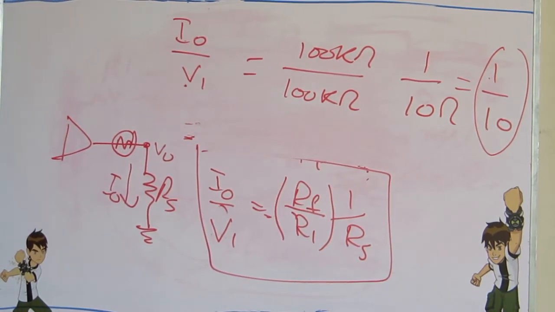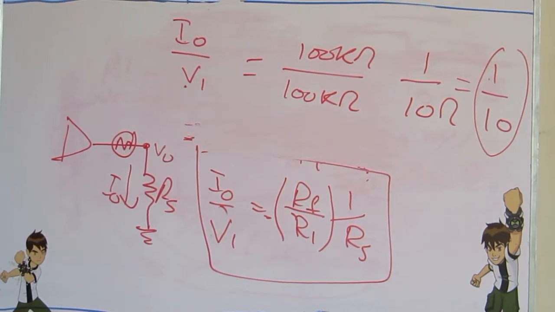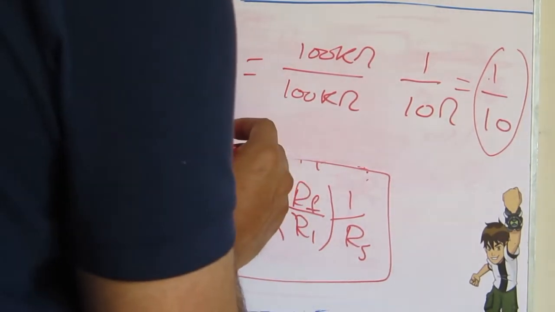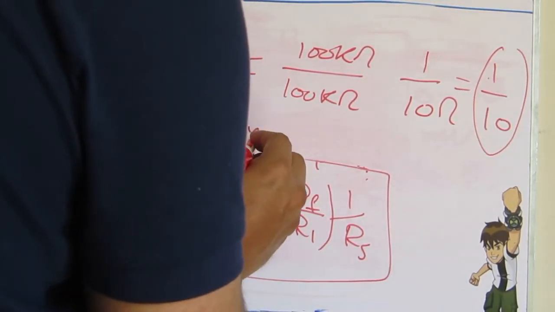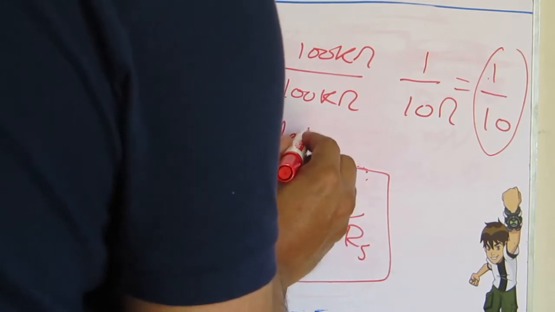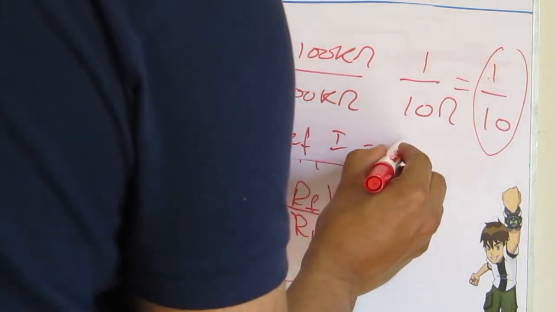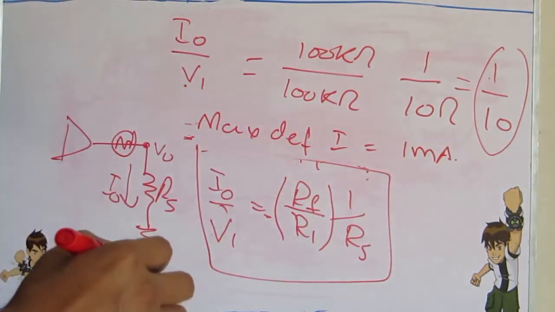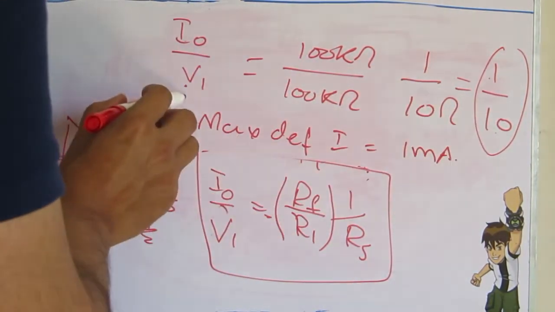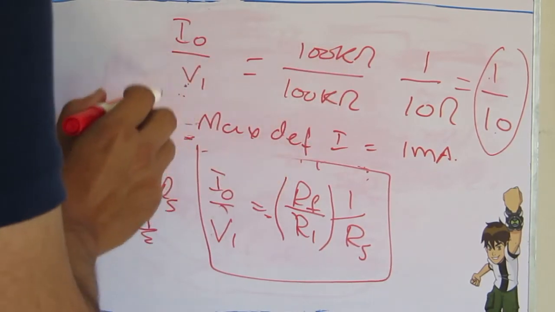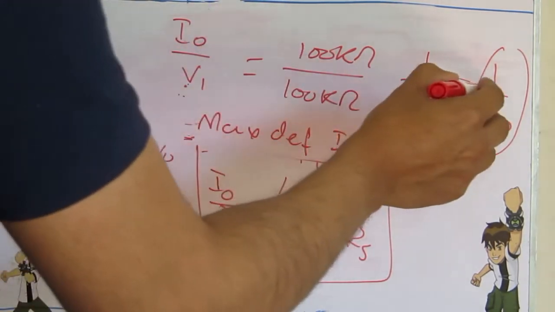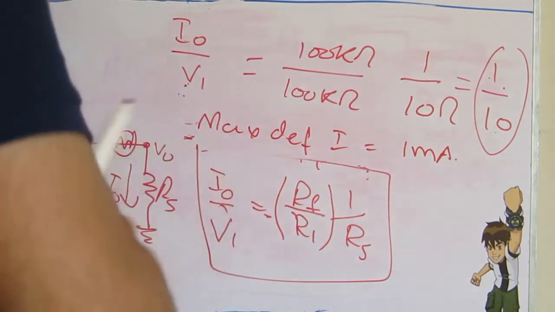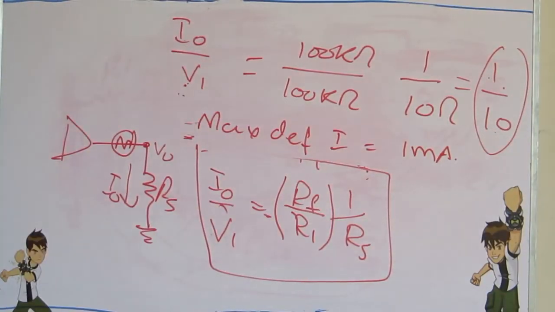Now when you buy a galvanometer, it states the maximum deflection current. Let's say the galvanometer has a maximum deflection current of 1 milliampere. In that case, applying 10 millivolts at the input will result in 1 milliampere current, which will give a full scale deflection in the galvanometer.